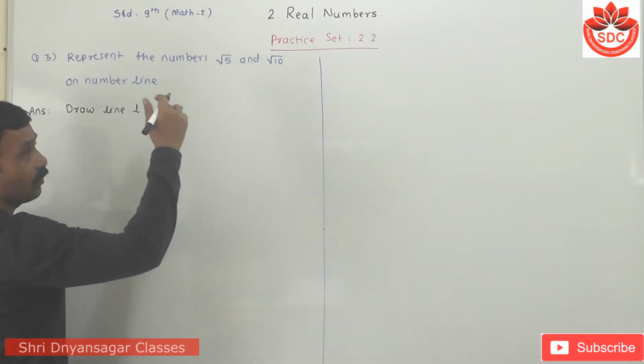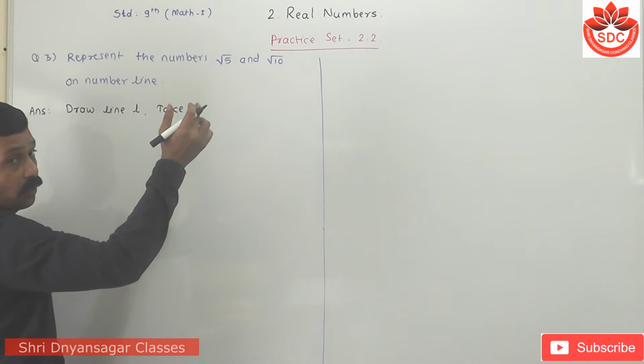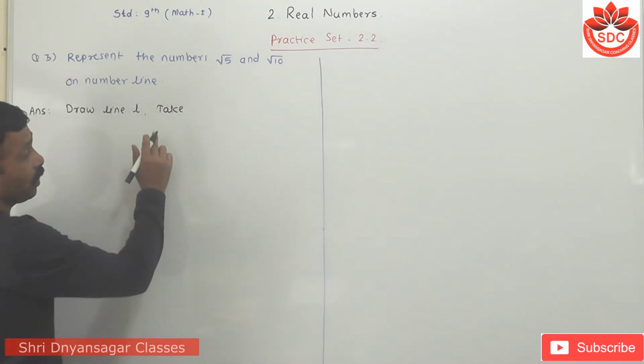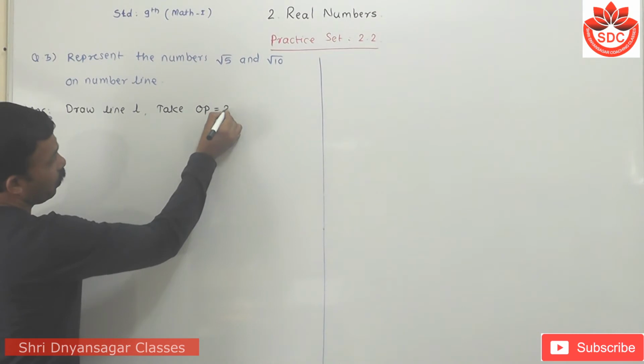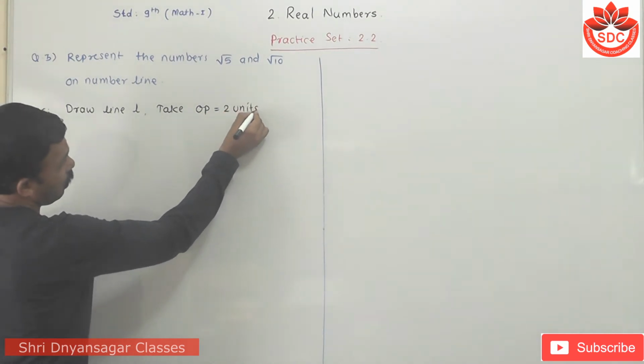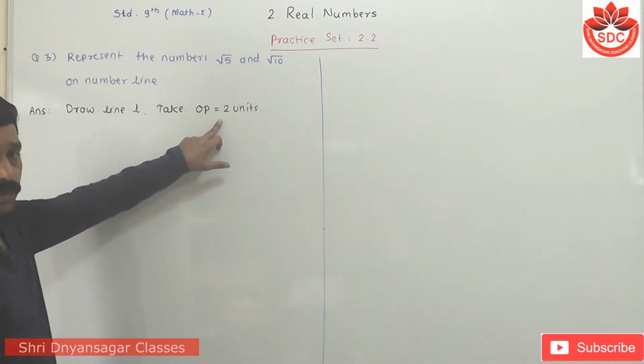This value is greater than 4. Means that the square root of 4 is 2. So I have to take any distance of this segment OP, suppose here 2 units, because 2 is the square root of 4.